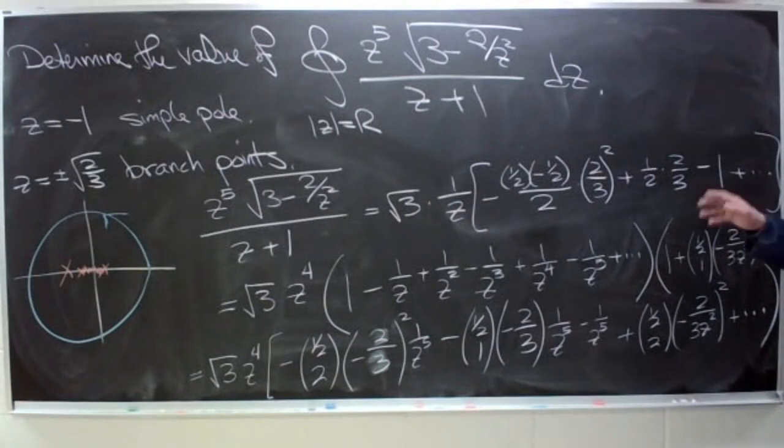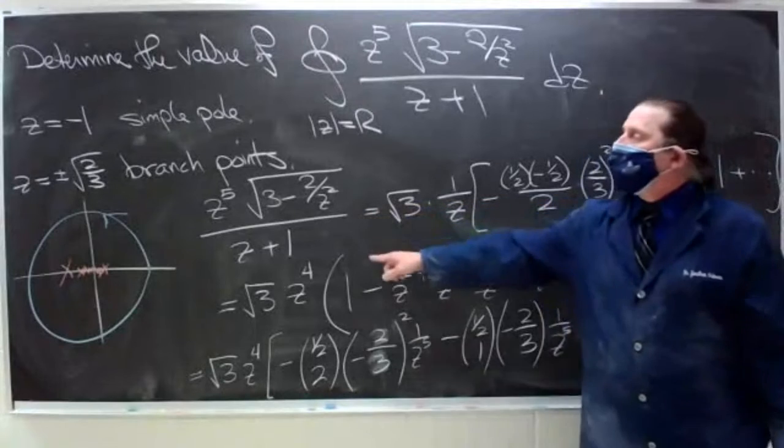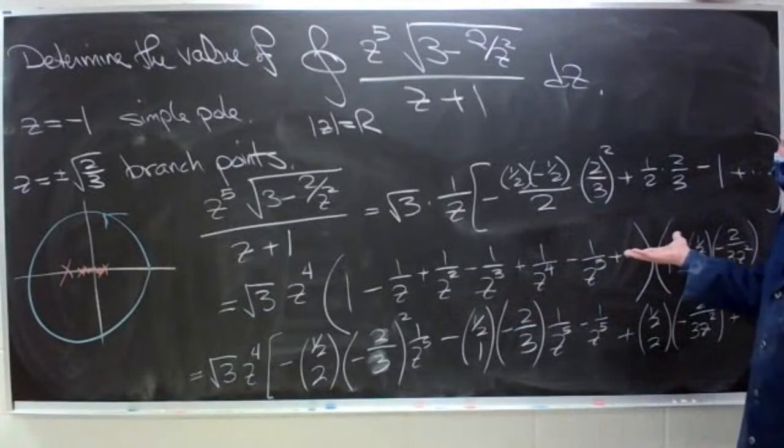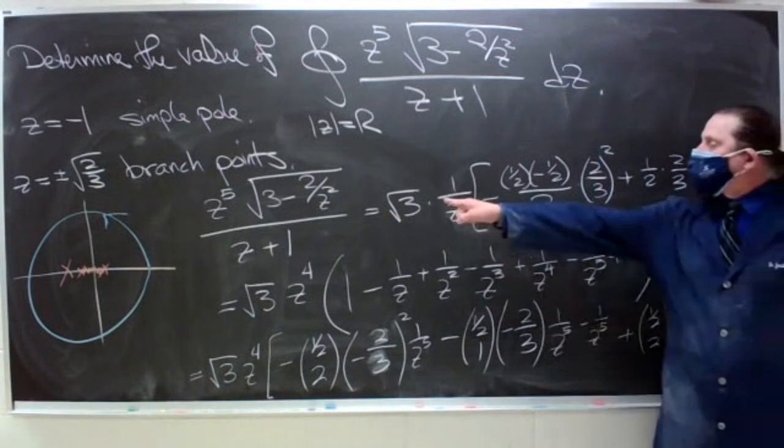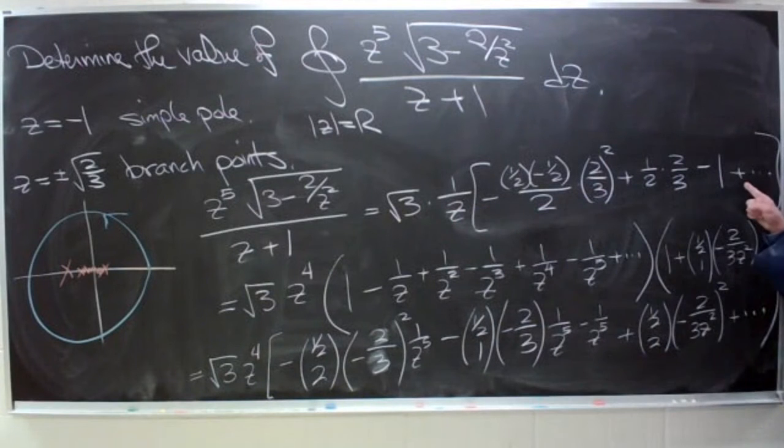And I can say plus dot, dot, dot, because this says equals. But the loop integral really will just equal 2 pi i square root of 3 times this sum.